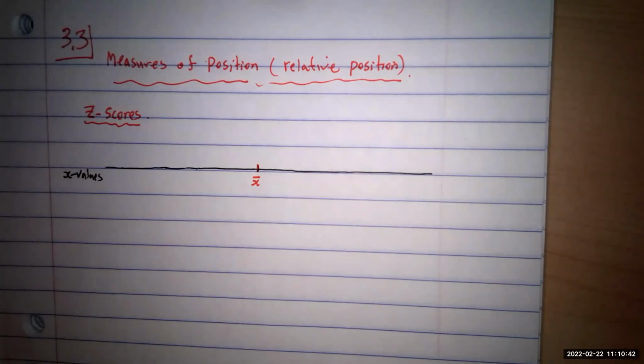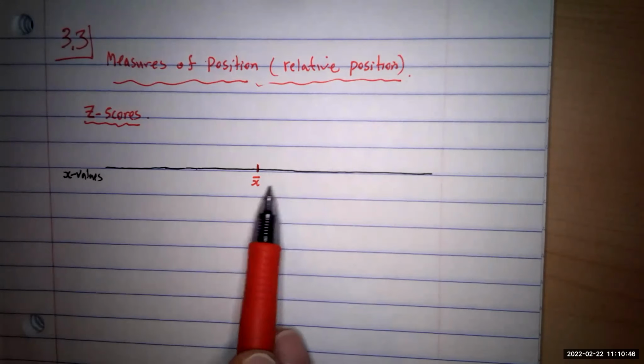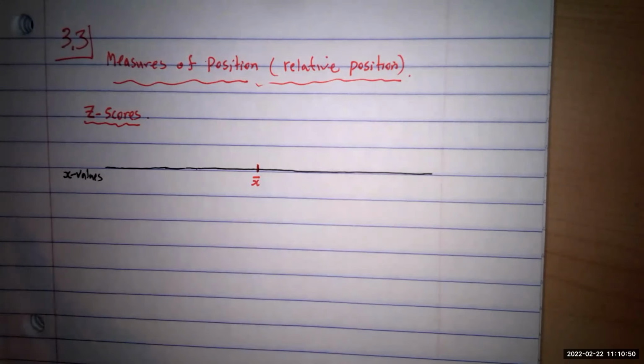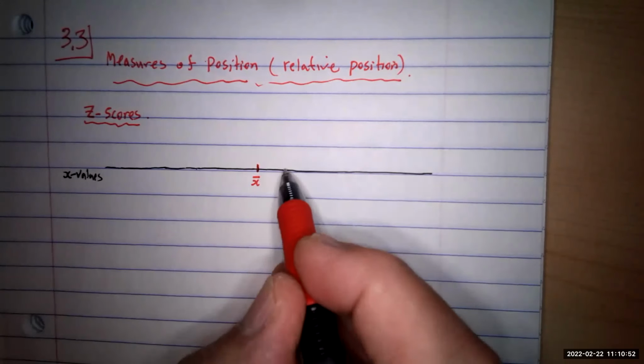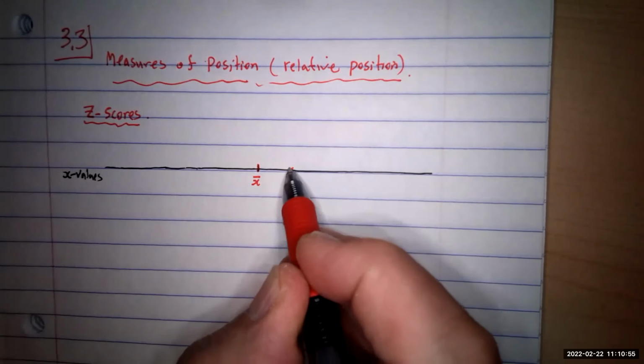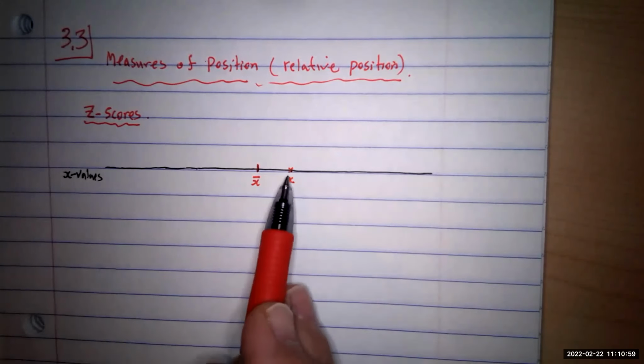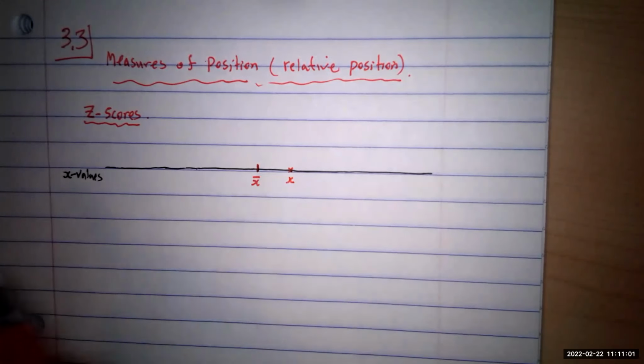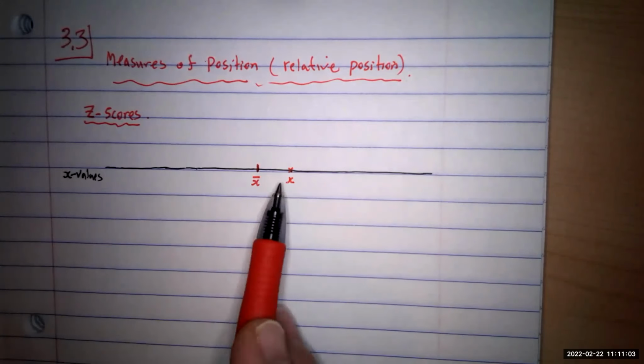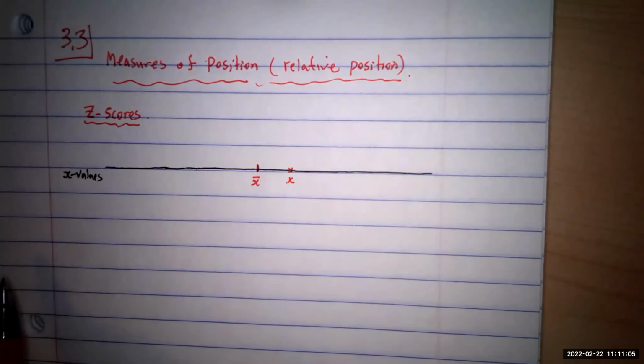So far, what we did here: if a value is given to us, we just compare it to the center. If you give me x here, we already did this one, I want to compare myself to the center. My deviation from the center, we already talked about it.